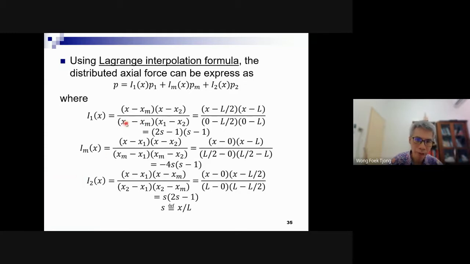This is just a copy, then replace this with X1. The coordinate X is just the variable. The coordinate XM is L over 2, X2 is L, and X1 is 0. Using this definition, with S equal to X over L, the first equation is 2S minus 1 times S minus 1. Any questions?